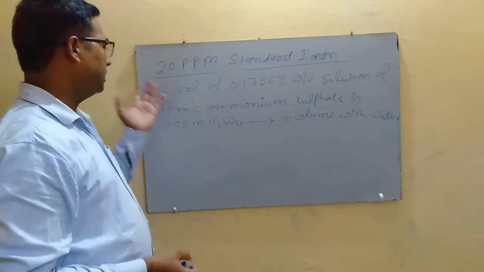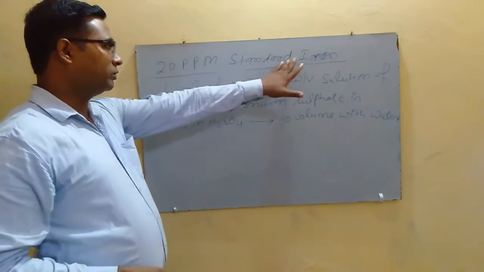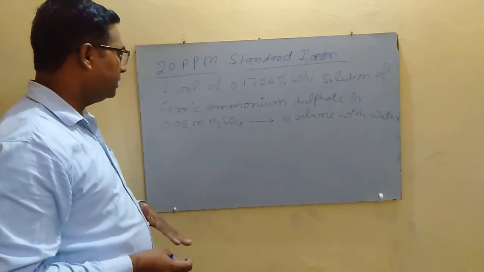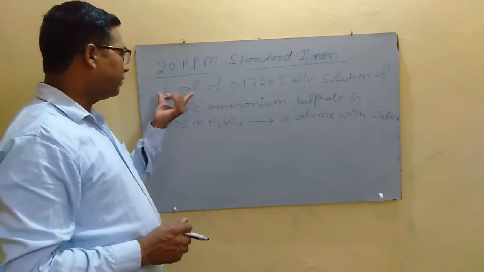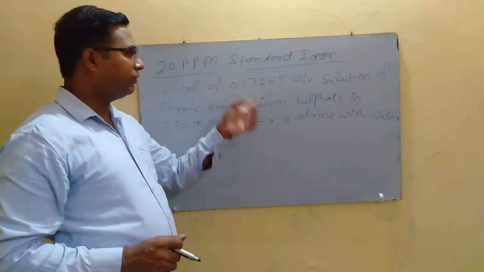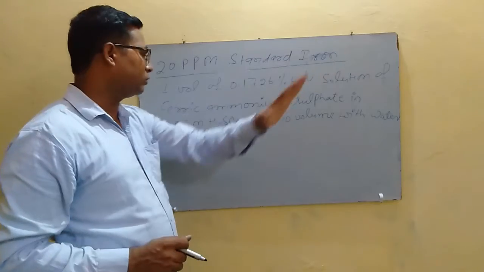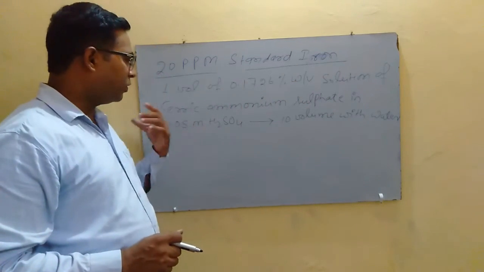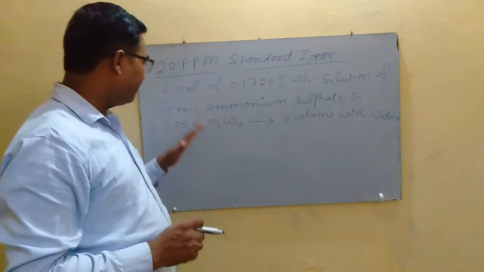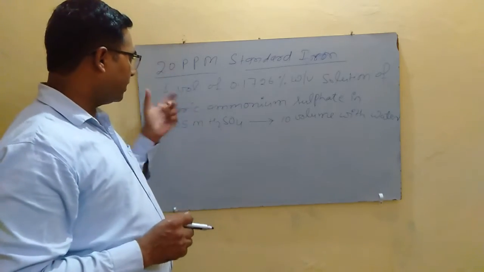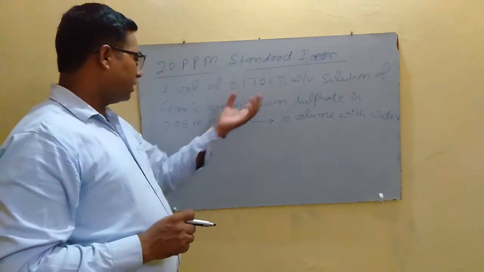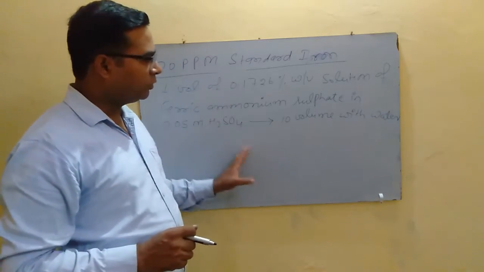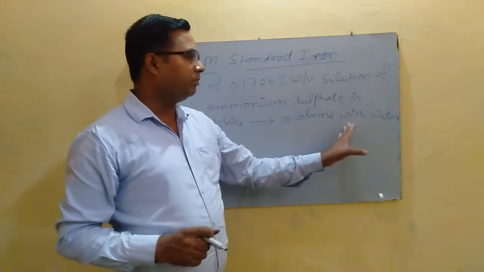So the standard iron solution of 20 ppm can be prepared by diluting 1 volume of 0.1726% w/v solution of ferric ammonium sulfate in 0.05 molar H2SO4, and this 1 volume of ferric ammonium sulfate solution is diluted up to 10 volumes with water.